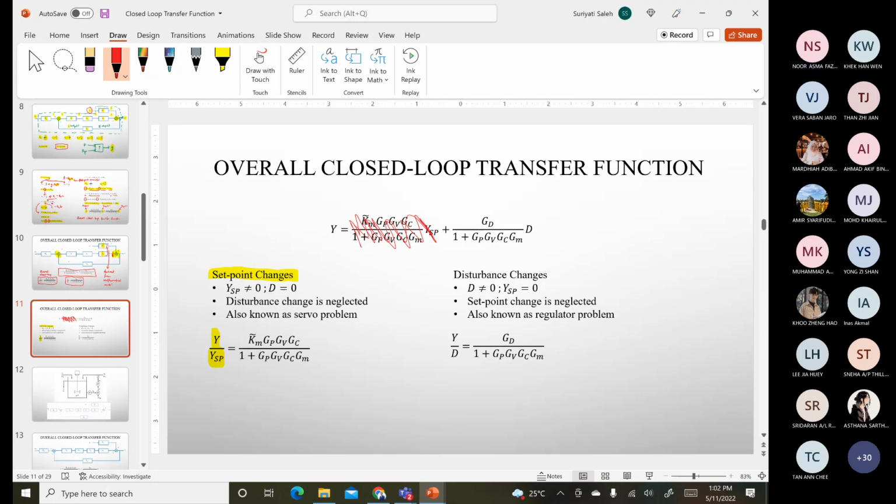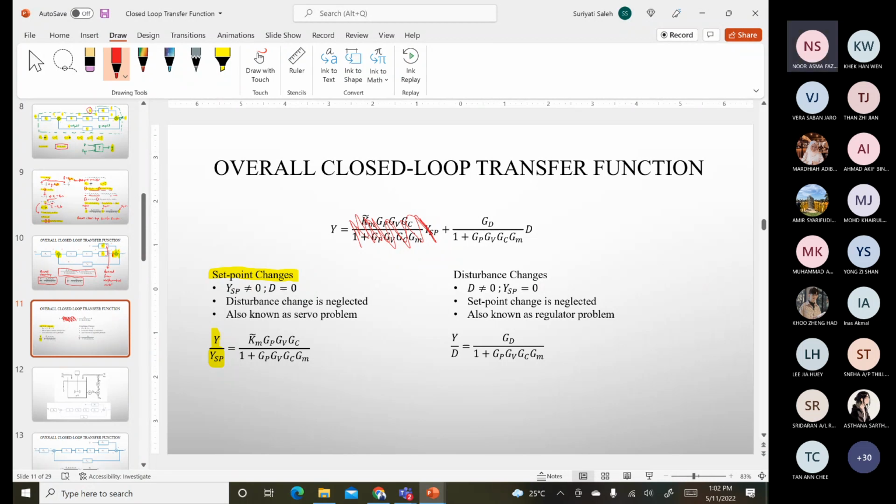Of course, in the control system, we have the controlled variable, manipulated variable, and disturbance. A good controller should be able to maintain the process at the desired set point, and also be able to reject any kind of disturbance.